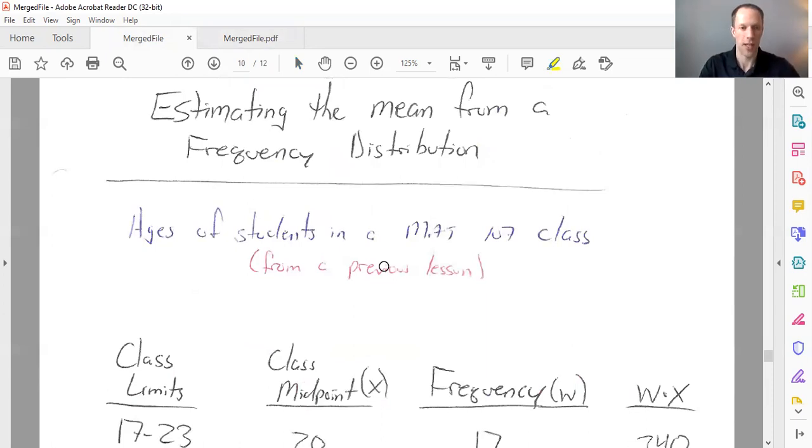Now you still have the page with the frequency distribution on it, but you've lost all your data. So how are you going to come up with the measures of center when you don't have the actual data? Well, you're not going to be able to come up with exact values, but you can still estimate at least the mean of the data set from your frequency distribution.